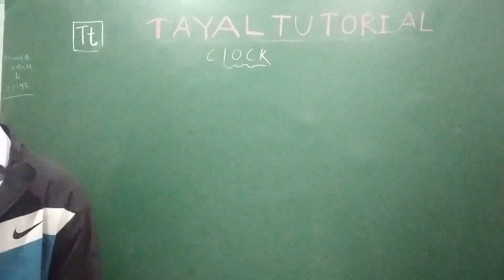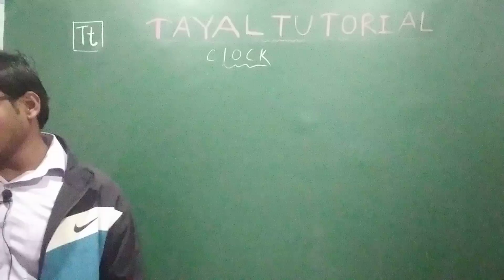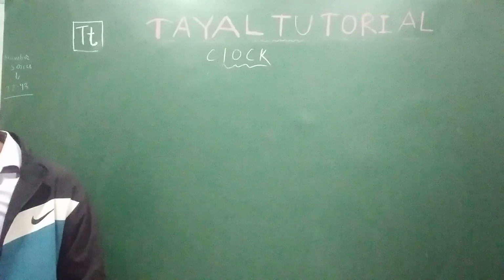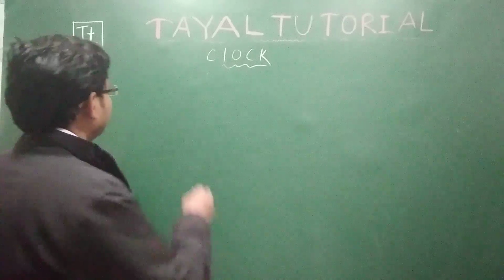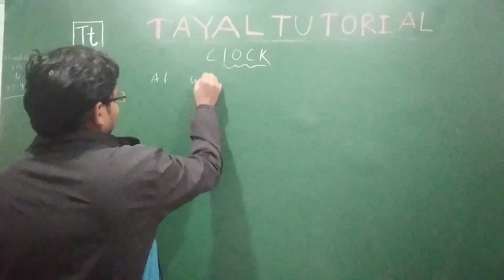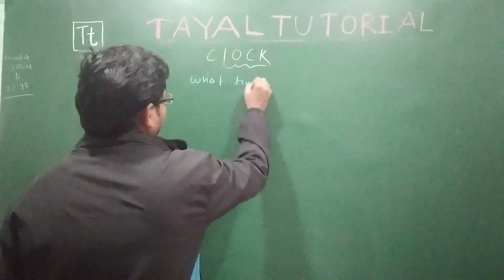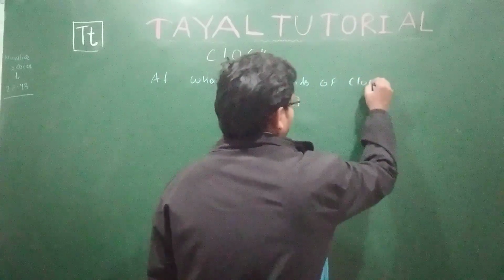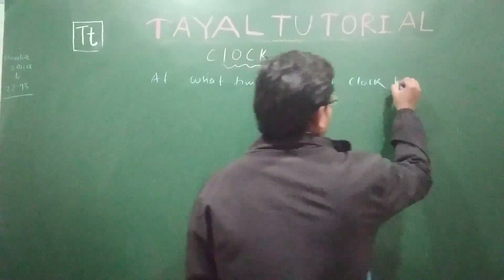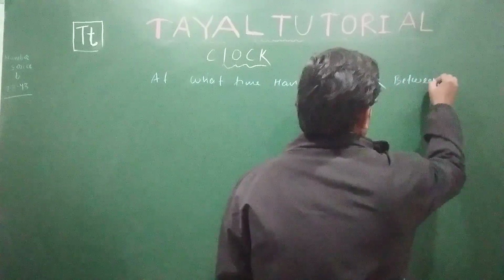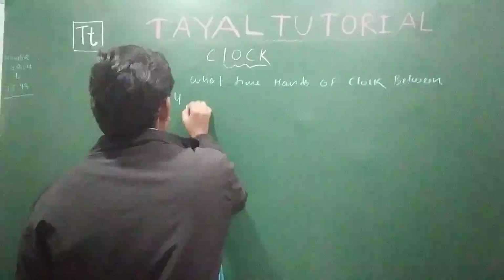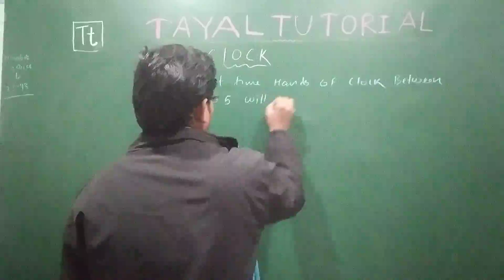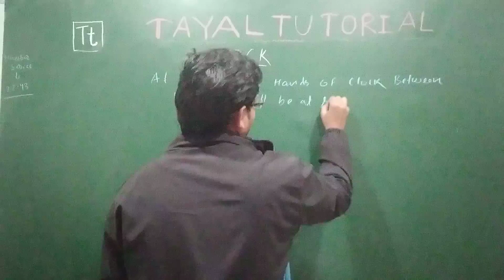At what time between 4 and 5 will the hands of the clock be at right angle?